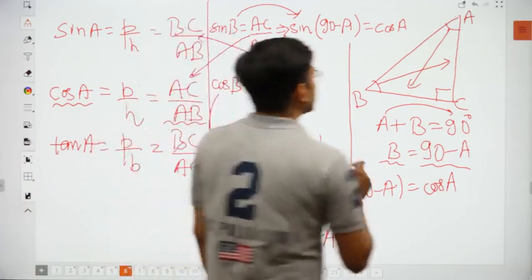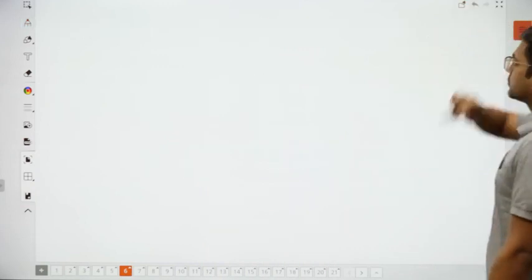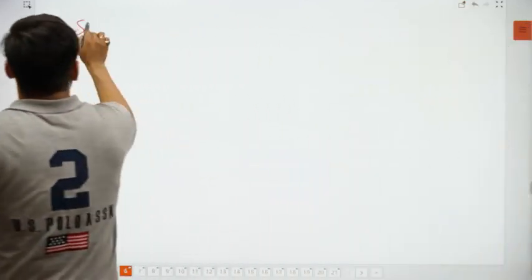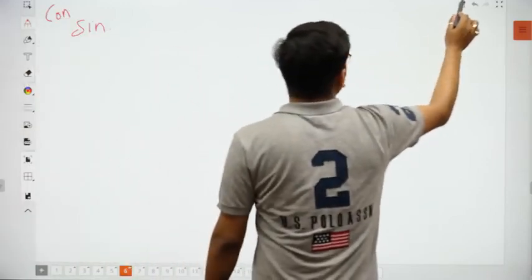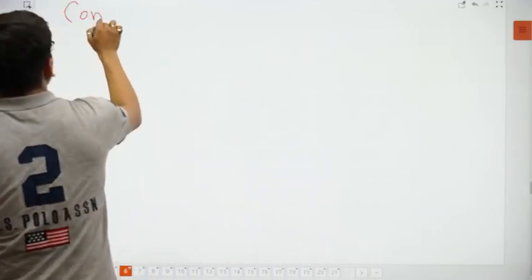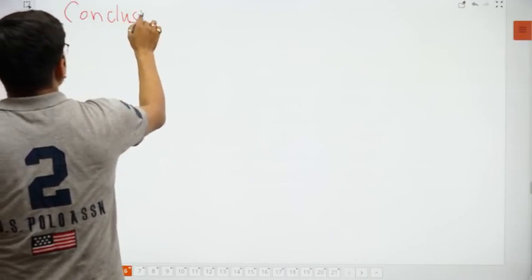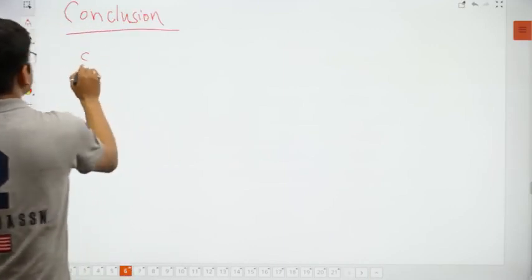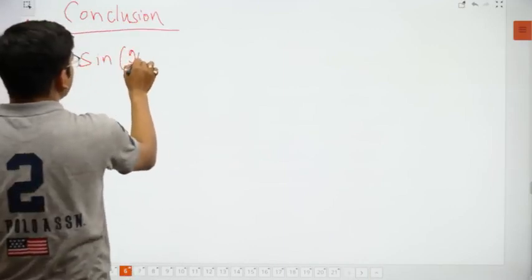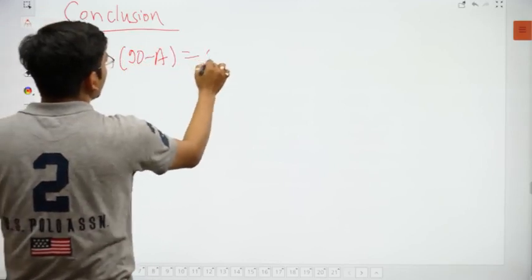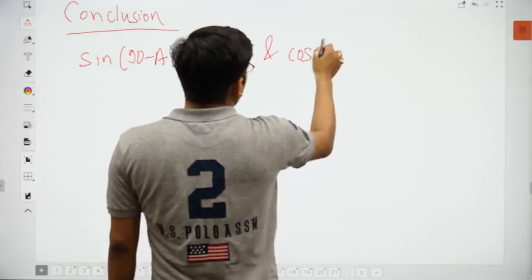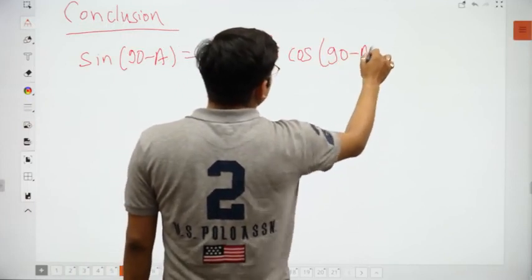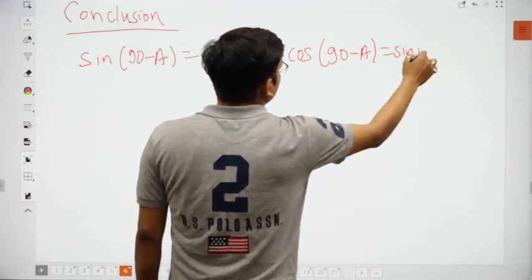So this brings us to the conclusion. I'll write the conclusion for you. Sine of 90 minus angle is equal to cos of angle, and cos of 90 minus angle is equal to sine of angle.